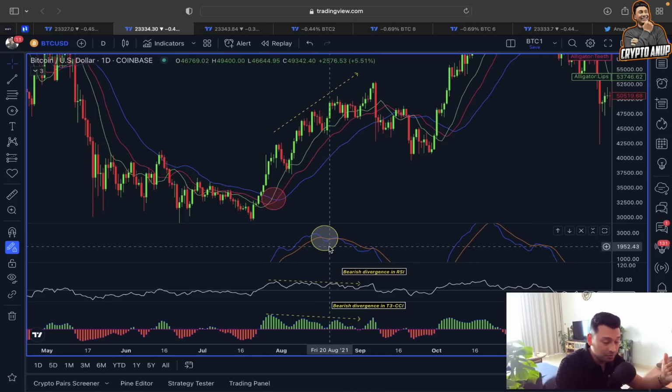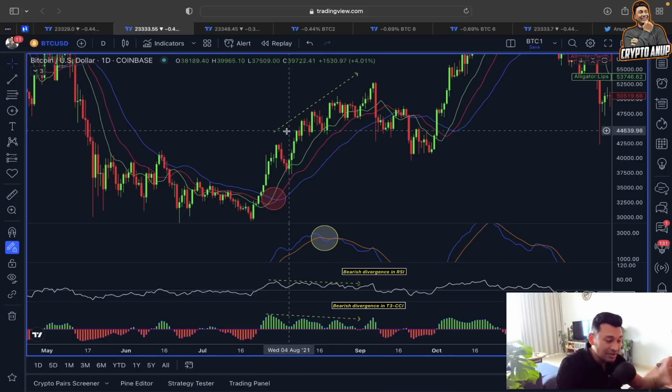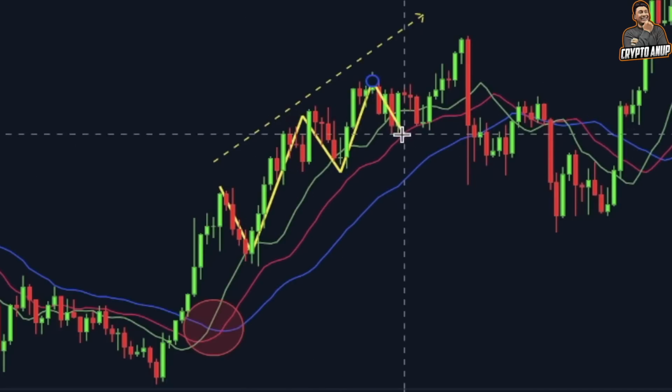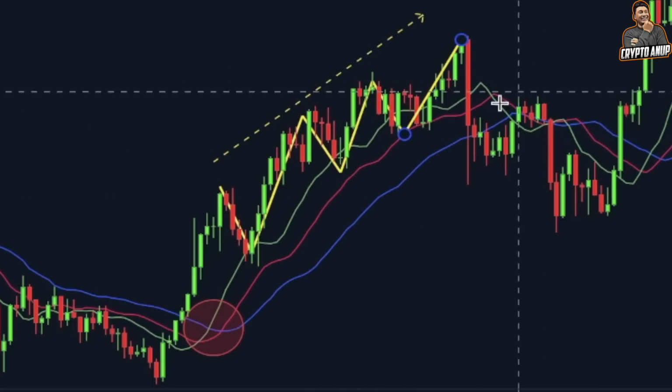Even though MACD was bearish, the price continued this uptrend. Even though the RSI was showing bearish divergence, the price continued this uptrend. Even though the T3CCI was flashing bearish divergence, the price continued this uptrend. During this uptrend we had plenty of shakeouts, but at the end price still continued this uptrend as long as we remained above this Williams Alligator indicator.